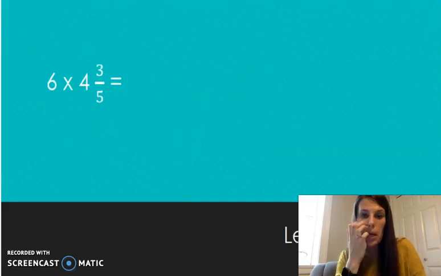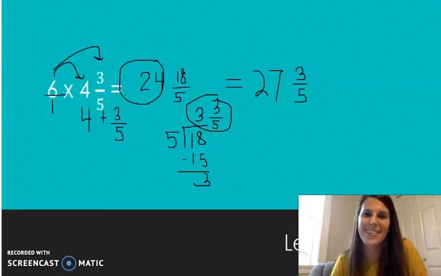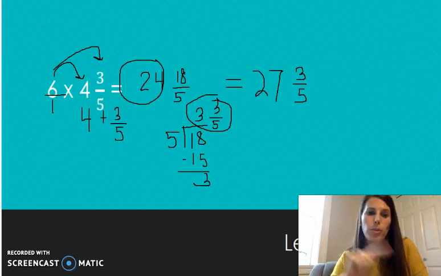All right, for the next one, go ahead and solve this entire one and then hit play so you can check your work. All right, let's check your work. So taking a look at this, again, you're decomposing 4 and 3/5 to being 4 plus 3/5. You're distributing and carrying the 6 across both. So you're doing 6 times 4, which gives you 24.